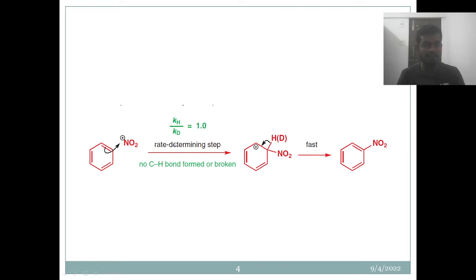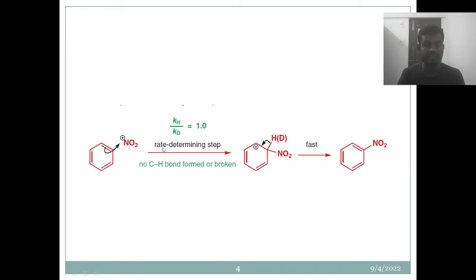You don't know the mechanism initially, so you do two experiments and get two data. The kH value will be something, say x, and the kD value say y. These two appear the same, kH by kD equal to 1.